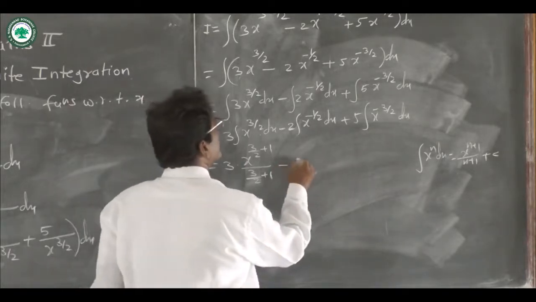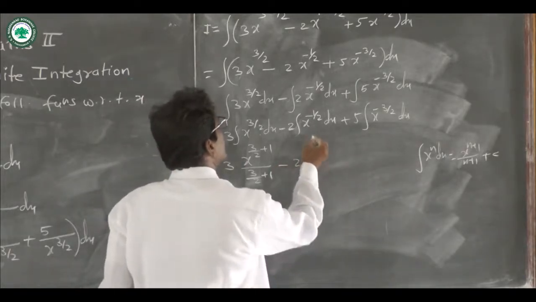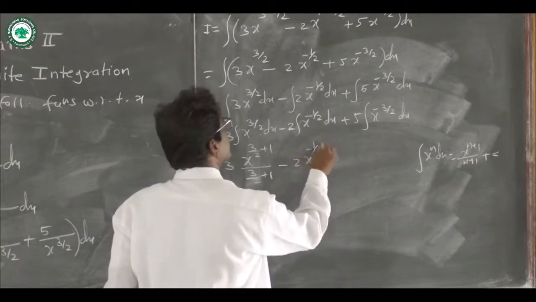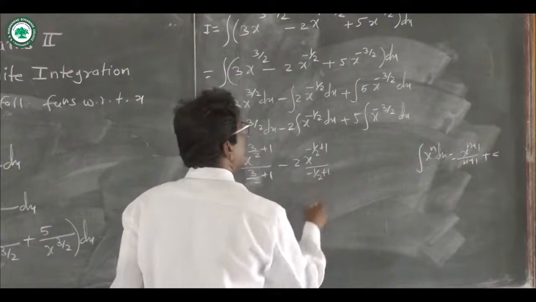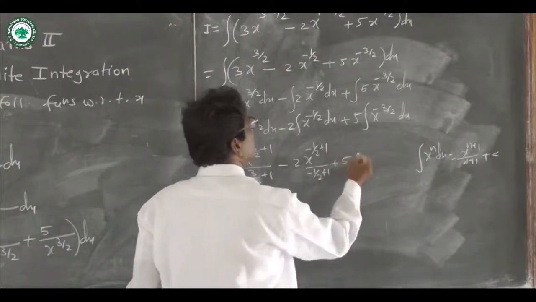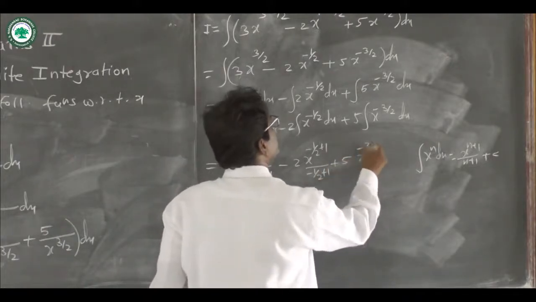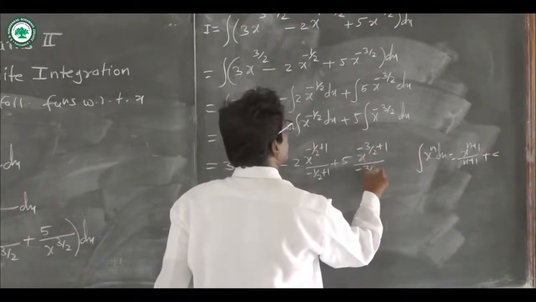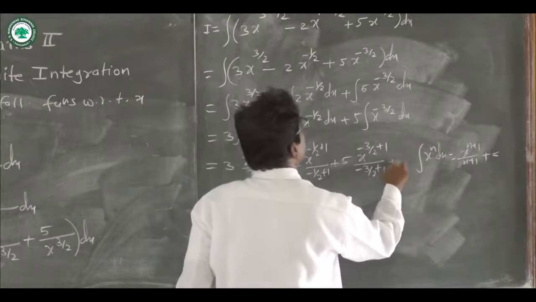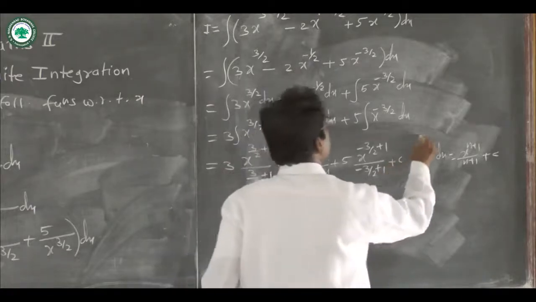Now minus 2 x to the power minus 1/2 plus 1 divided by minus 1/2 plus 1, plus 5 x to the power minus 3 by 2 plus 1 divided by minus 3 by 2 plus 1, and plus constant of integration.